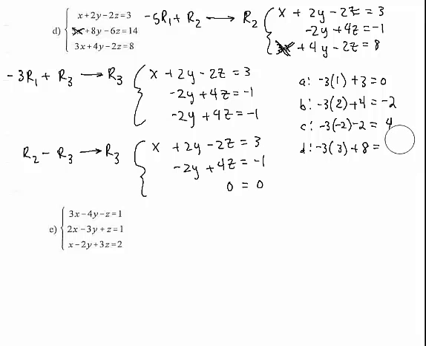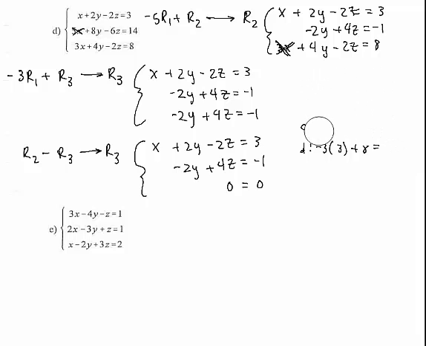Now, that has taken us to this system here in the middle. At this point, it's obvious that the second and third equations are identical. So what we do is we say row 2 minus row 3 replaces row 3. If we do that, we get -2y plus 4z equals -1, minus (-2y plus 4z equals -1).